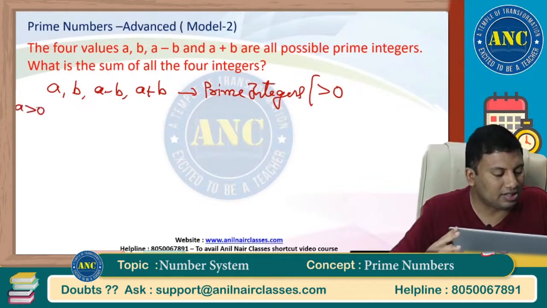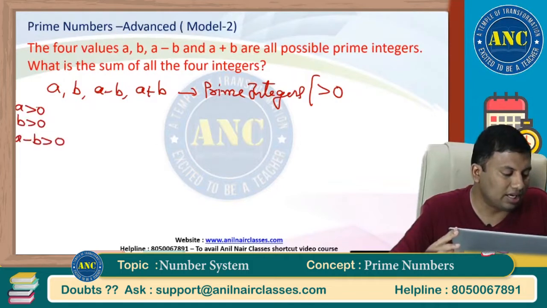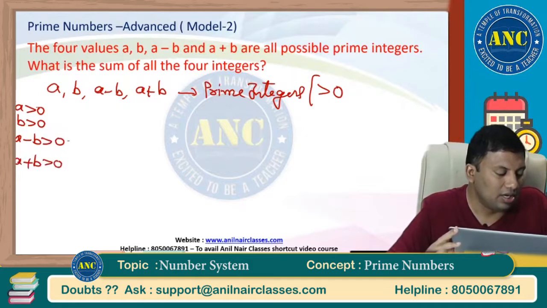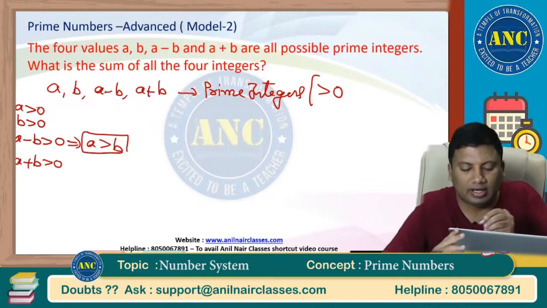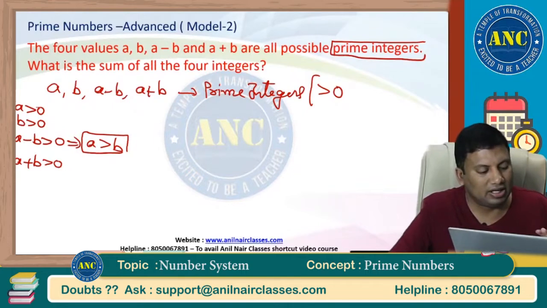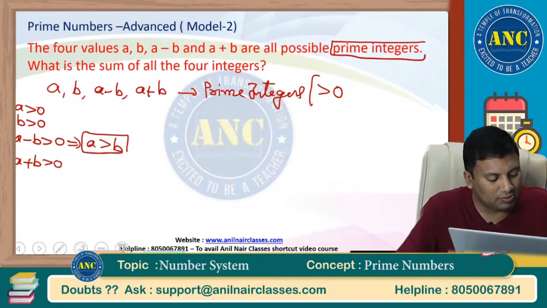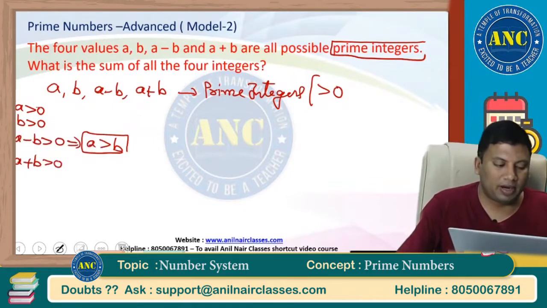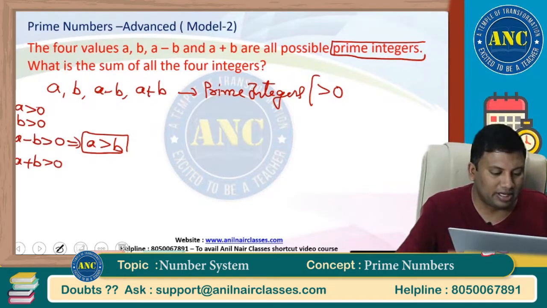A greater than 0, B greater than 0, A minus B greater than 0, A plus B greater than 0, so A is greater than B. This is the hint we got from the words prime integers: A, B, A minus B, A plus B are all prime integers. Now this point is clear.